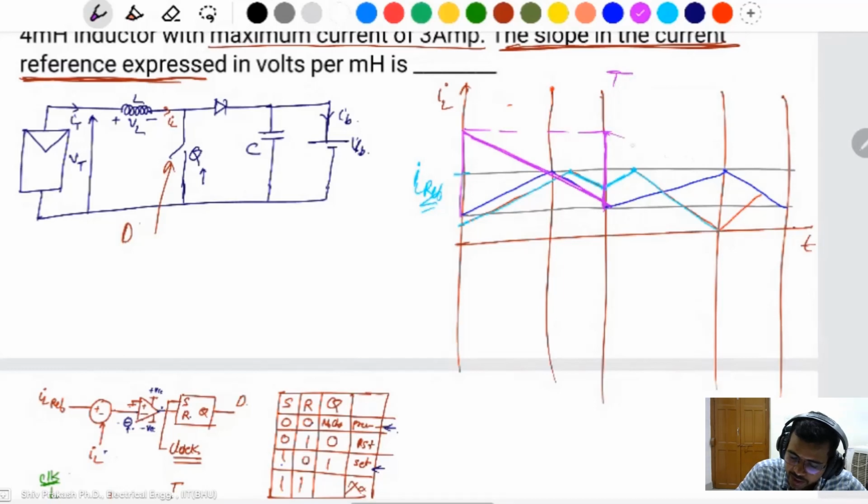From 0 to T time period, it will follow like that. This was the IL reference.